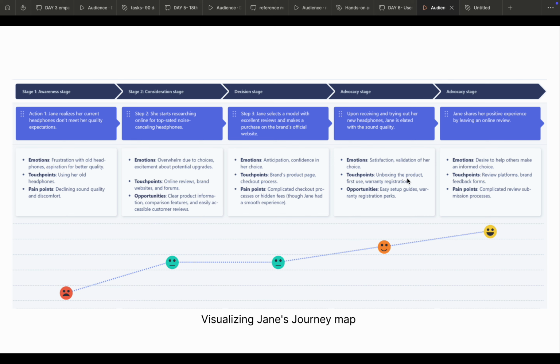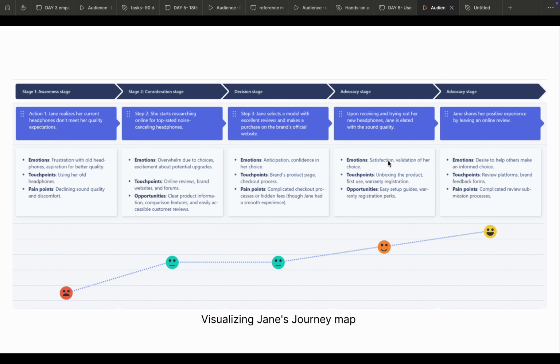And after that she is receiving her new headphone and she is happy with the sound quality that she has got in this. So what is her emotion? She is feeling satisfied and she is feeling validated for her choice of purchasing this noise cancellation headphone online after researching the reviews.